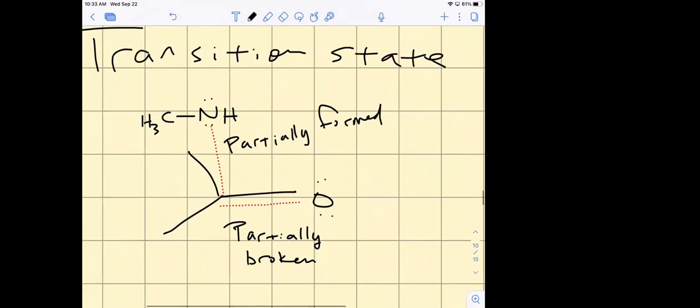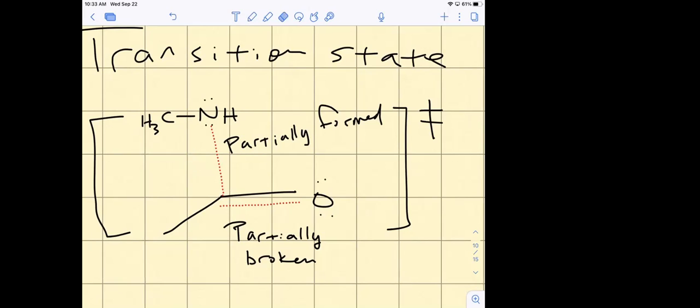This is what the transition state for that reaction would look like. And you denote that it's a transition state with a double dagger. Some of you may have seen it, it looks like an old school telephone line or utility line. Whenever you see that symbol, that's indicative of a transition state.